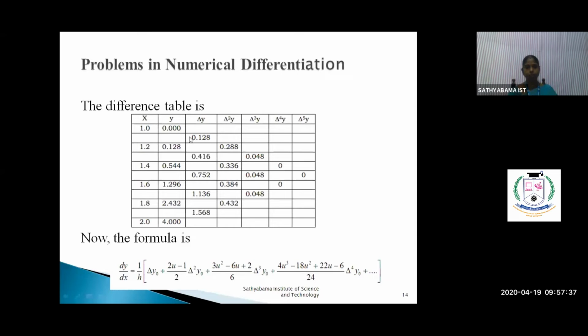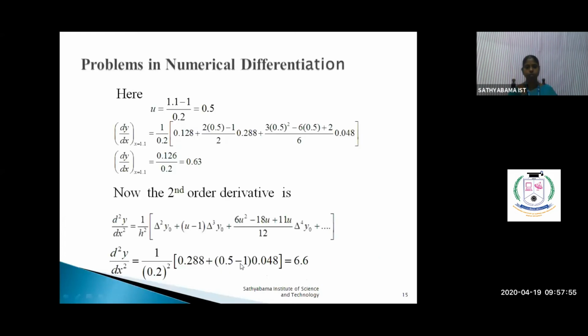These are y0, delta y0, delta square y0, delta cube y0. Now u is 0.5, so that can be substituted here. Since delta power 4 is 0, we don't need that term, so only the first three terms remain. Now dy by dx is equal to 1 by 0.2, that is 1 by h, times u delta y0 plus 2u minus 1 by 2 delta square y0 plus 3u square minus 6u plus 2 by 6 delta cube y0.